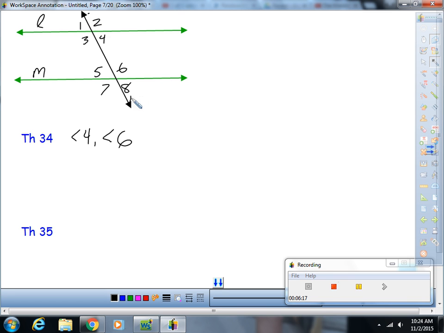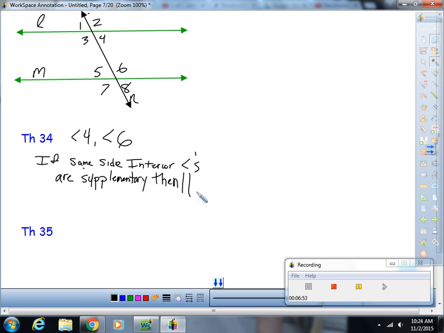I think they'd have to be supplementary to each other. So Theorem 34 says if same side interior angles are not congruent, are supplementary, then lines are parallel.